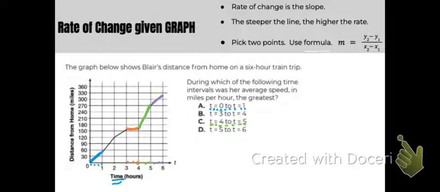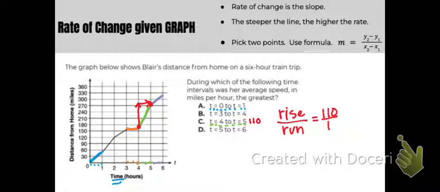Let's do that. So if I look at the green one, you pick 2 points, and I'm just going to estimate, and I'm going to use rise over run. So going from the left point to the right point, how many units am I going up? Well, it looks like we're starting off at about 160, and we're going up to 270. So we went up 110, and we went over 1. So the rate, the slope for that green line is 110.